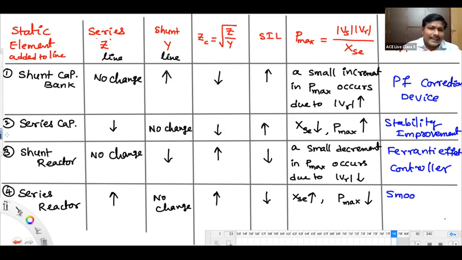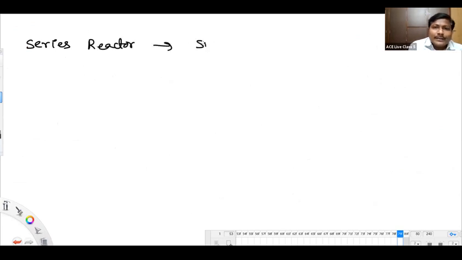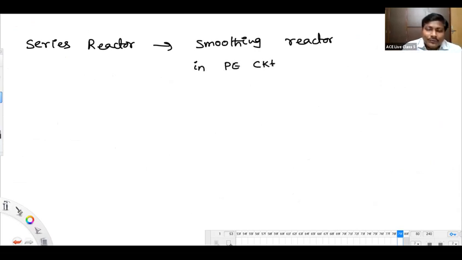I'll write it in the next slide better. Let me highlight the series reactor's practical application. The series reactor will be used as a smoothing reactor to avoid harmonics in current flow and smooth out the current waveform, particularly in power electronic circuits and HVDC.